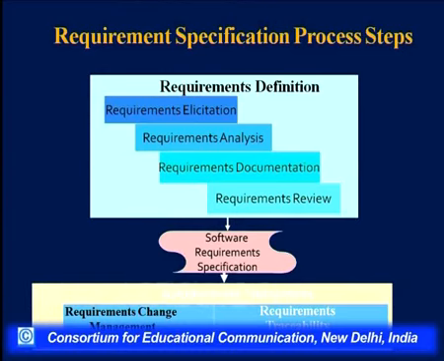First is requirement elicitation, that is you list what the requirements are, then an analysis of the listed requirements is done, then a proper document is prepared, which is requirement documentation, the software requirement specification document, and then you have a review of the requirements where both teams meet and review which requirements are genuine, which are required, which can be avoided, or which can be postponed to the next phase of the development cycle. So the software requirement specification is the document which will help us in two basic steps.